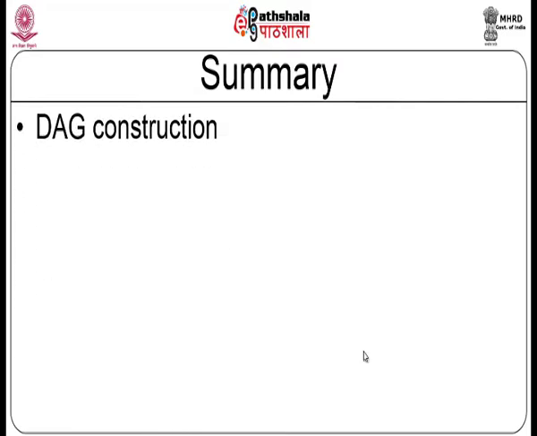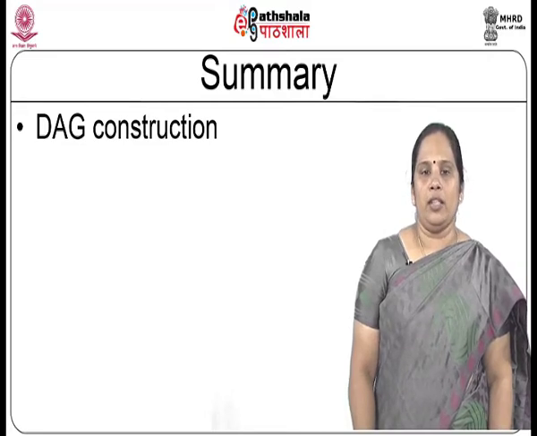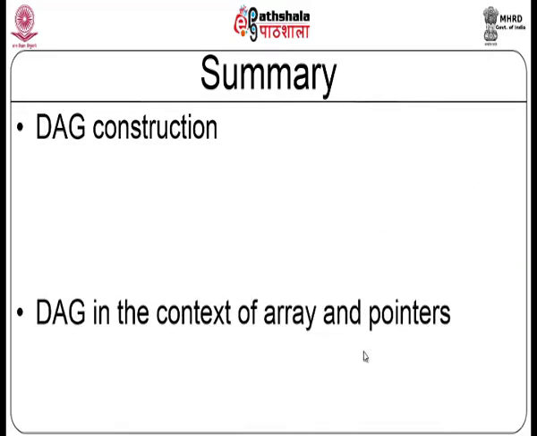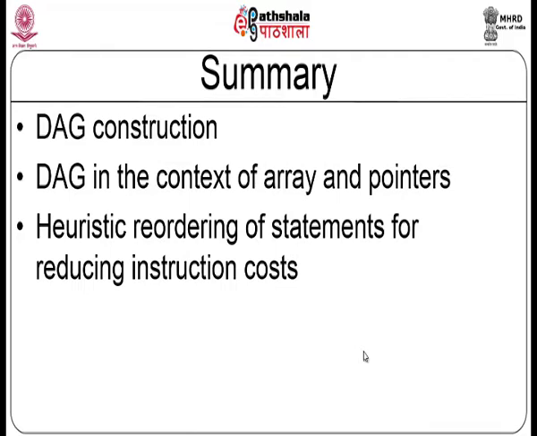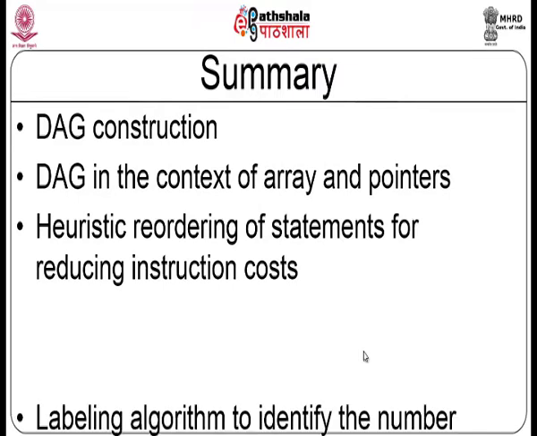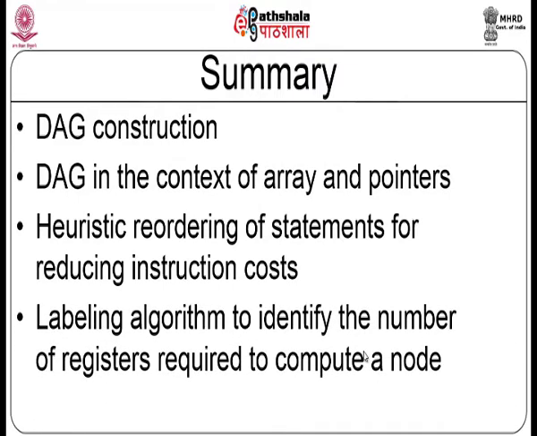Now, on to summarizing this particular module, we have seen the construction of DAG. We have also seen the construction of DAG in the context of arrays and pointers. We have also seen the heuristic reordering of statements for reducing the instruction cost, and the labeling algorithm is also defined and used here, which is used to identify the number of registers required to compute a particular interior node.